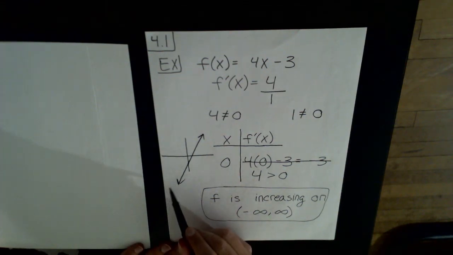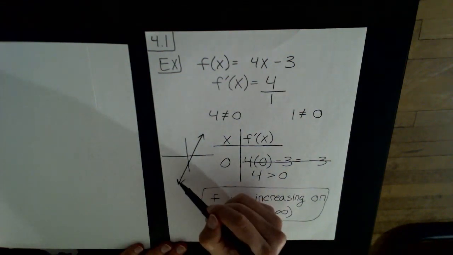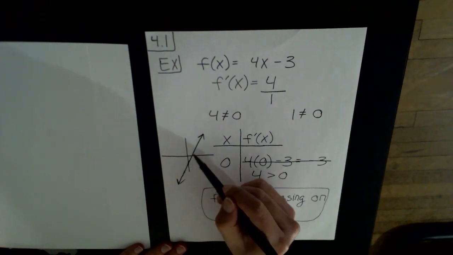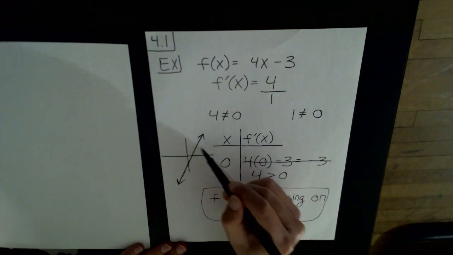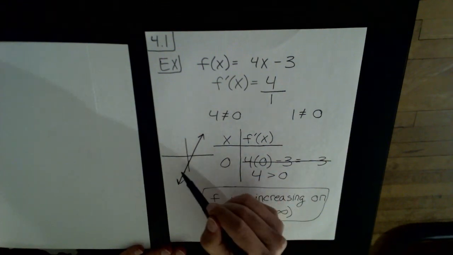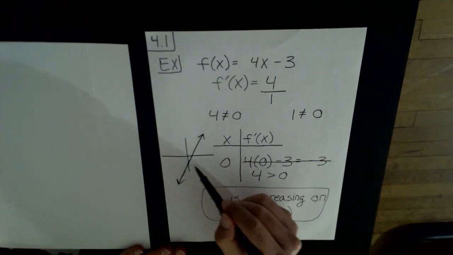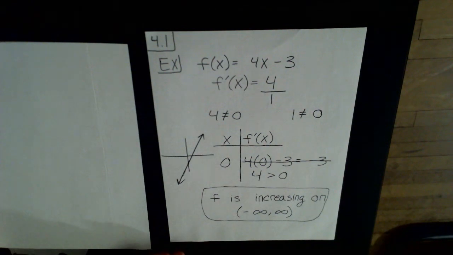Notice, starting from left to right, the graph is always gaining in y value. The y value is never suddenly going down. That means it's increasing from negative infinity all the way to positive infinity.